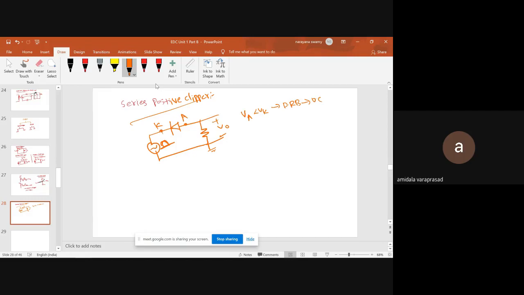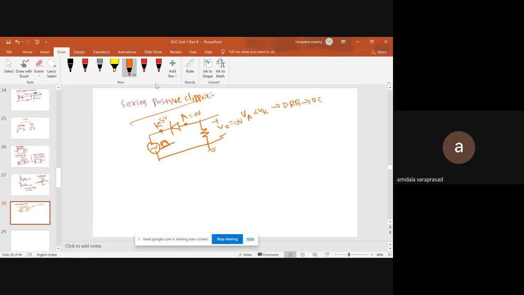See here, positive half cycle, cathode is positive. Diode is in reverse direction. Anode is connected to 0 volts. Here it is something like 5 volts. VK is higher. Open circuit. Then V naught is equal to 0 volts.